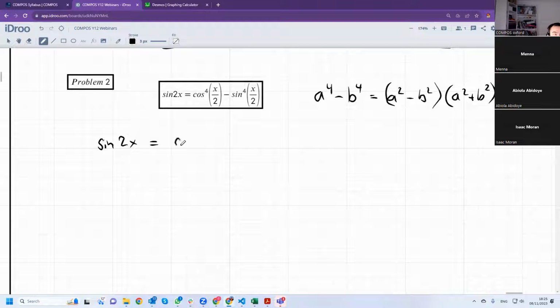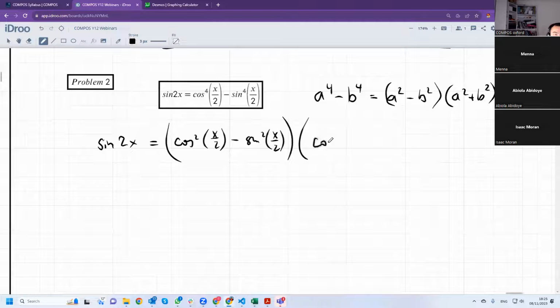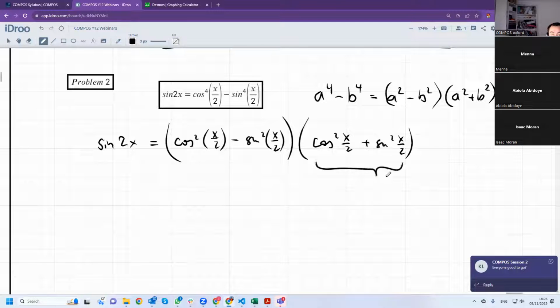So this can be written as (cos squared x/2 minus sine squared x/2) multiplied by (cos squared x/2 plus sine squared x/2). This is very familiar to you. This is 1, because it's the main trigonometric identity.